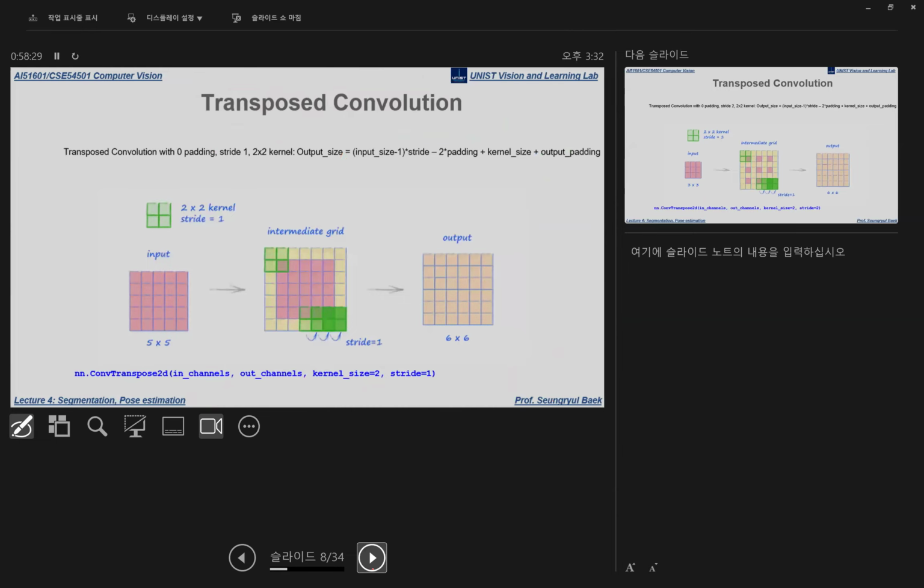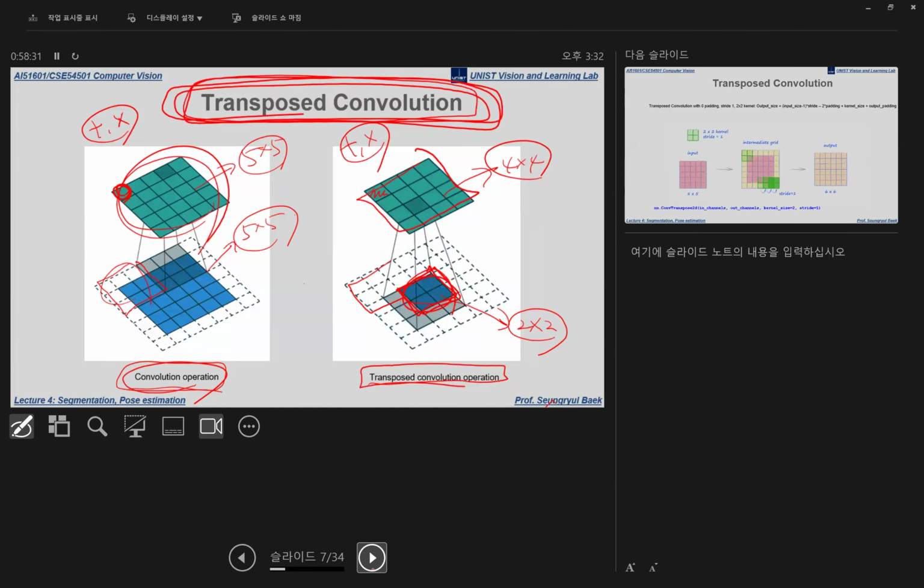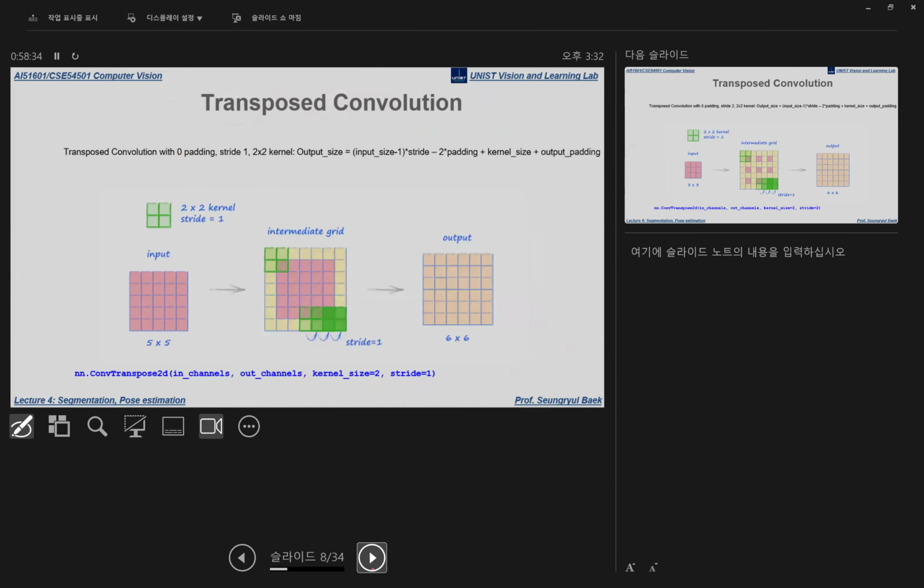Okay, so this is one more slide on how this transpose convolution works. For example, this is the 5 by 5 dimensional input image, and this is the 2 by 2 filter, and we will use stride one.